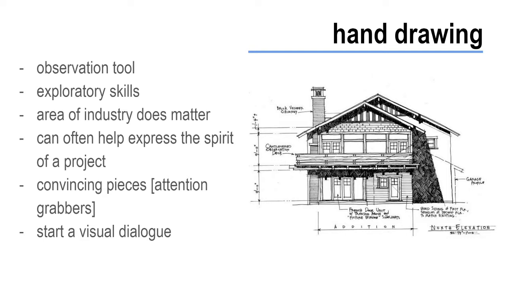Hand drawings have also been attention grabbers and convincing pieces. If you were submitting a project for a competition, or just to put a bid down, they tend to be more attention grabbing than just a computerized drawing or a rendering. In my opinion, and once again, this is just an opinion, computer renderings, the first time I saw one, it was the coolest thing I had ever seen.